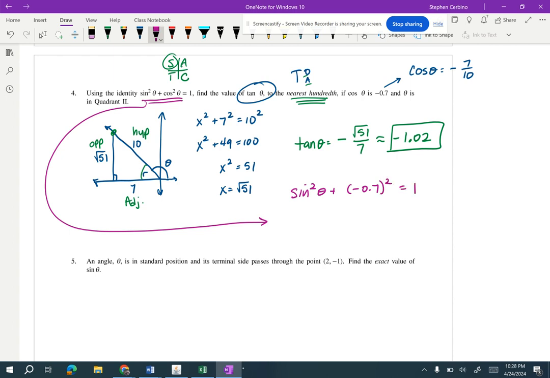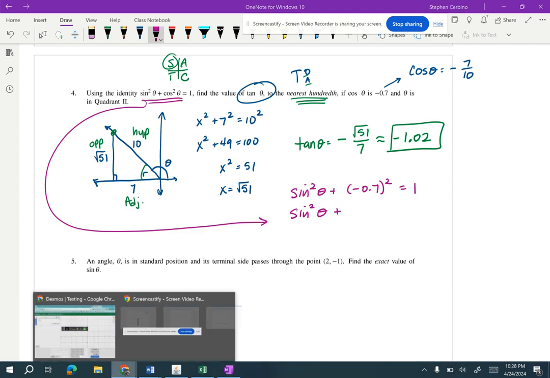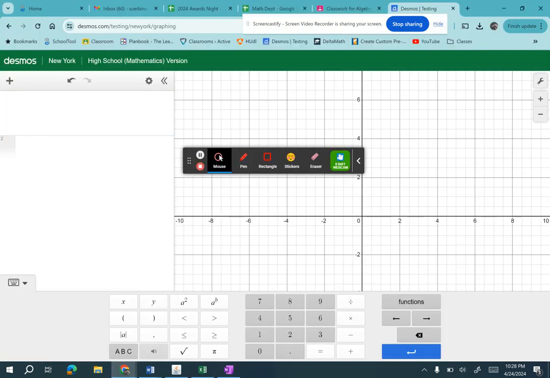And now if you solve for sine, you then can use sine and cosine to find tangent. And you'll actually see it's going to come out to be the same ratio when it's all said and done. So we'll say sine squared of theta plus negative 0.7 squared. So negatives go in parentheses. And we get 0.49.